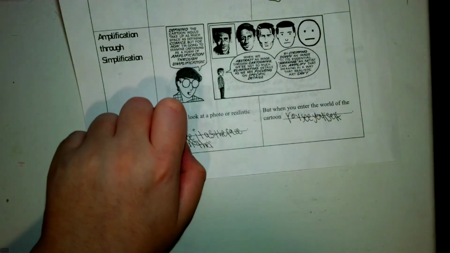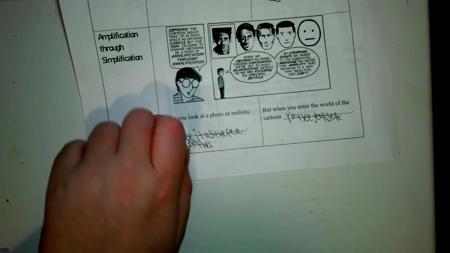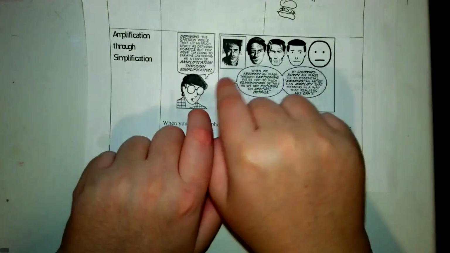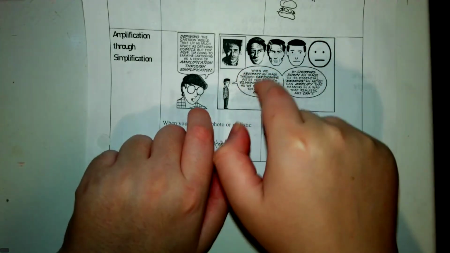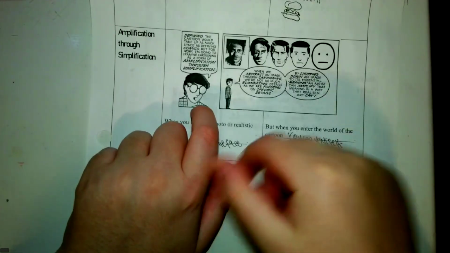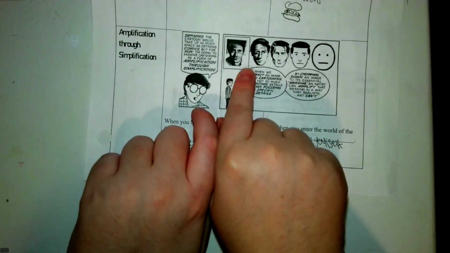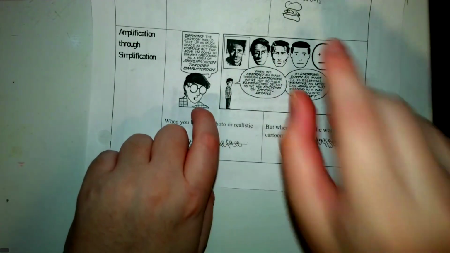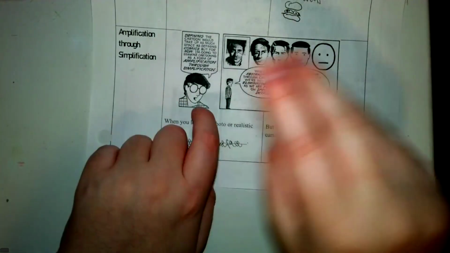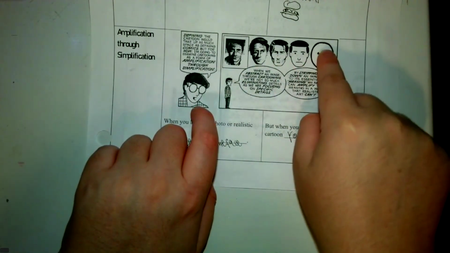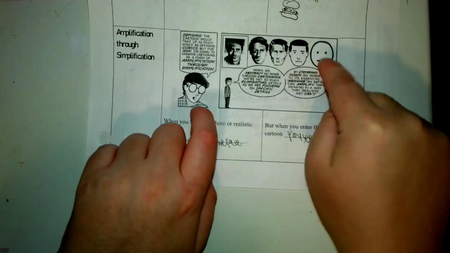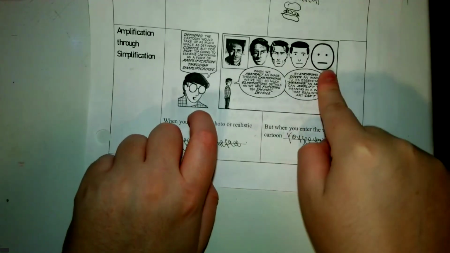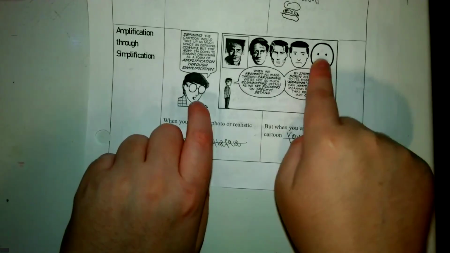I'm going to give you a second to think, and you can come back when you are ready. A lot of times in comics, it takes work to draw a perfect face just like this for every panel. Every panel they have to draw the face out. So it would be much easier in every panel to just draw this, wouldn't it? So every panel, they probably just draw this.